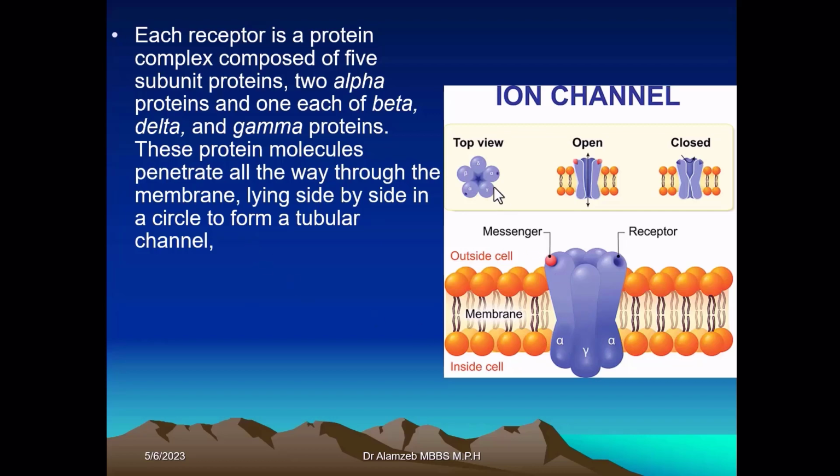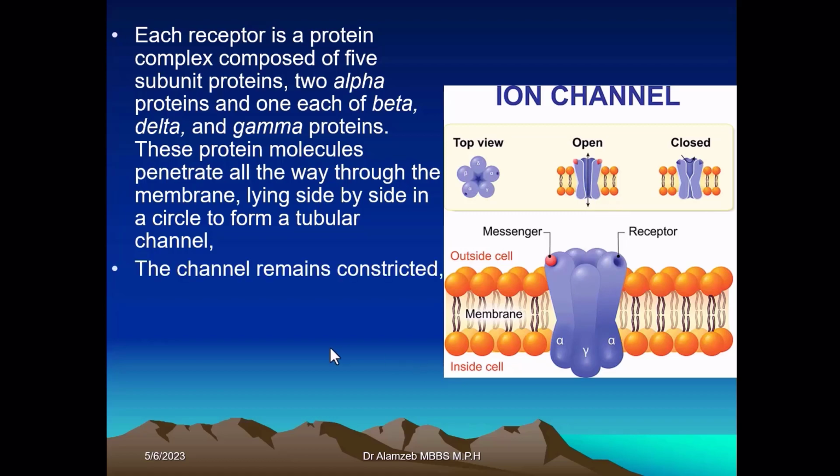Here you can see these 5 proteins: 2 are alpha, then beta, delta and gamma. They are arranged in such a way that they make a barrel-like structure.